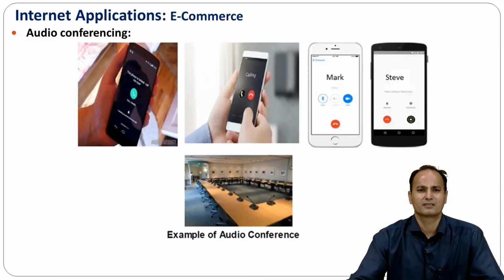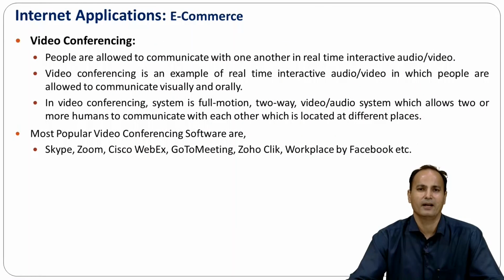So these are various examples or images through which audio conferencing is made possible. At the same time, the parallel concept is video conferencing. People are allowed to communicate with one another in a real-time interactive audio-video call. Video conferencing is an example of real-time interaction in which people are allowed to communicate visually and orally both.